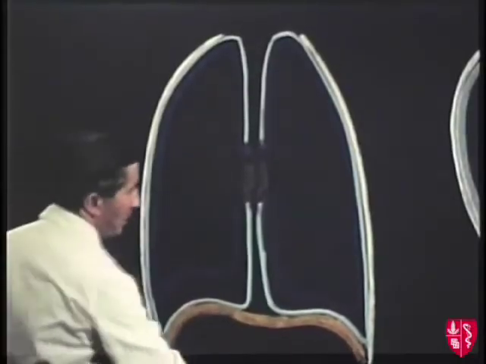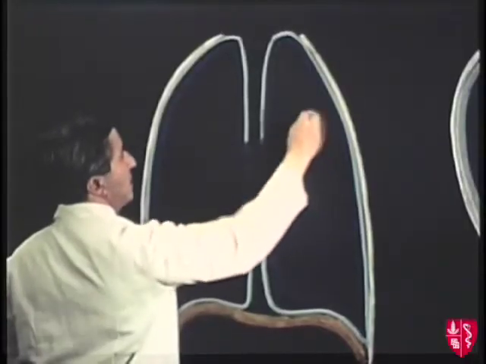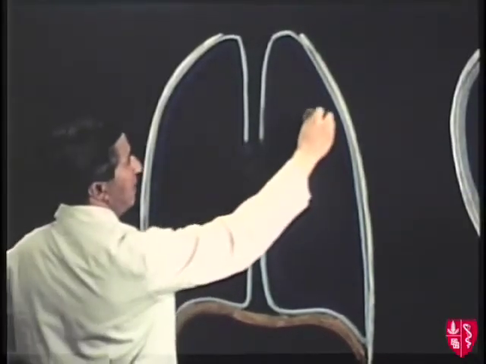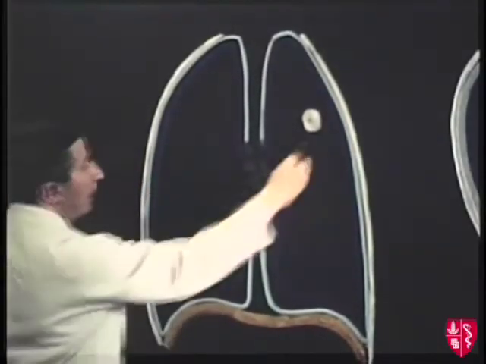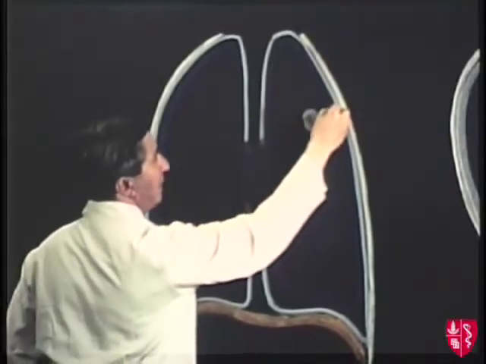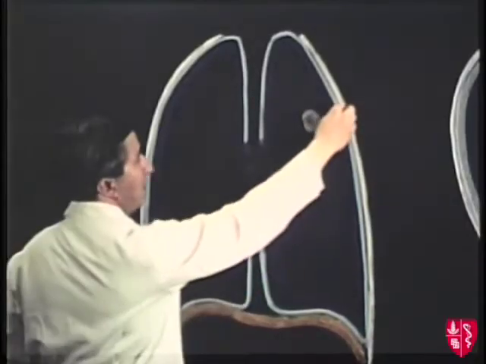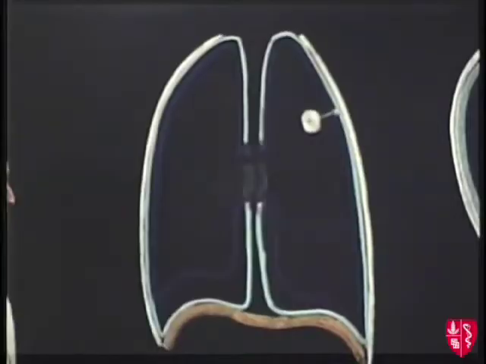Now, this is of considerable practical importance, because it means that if a patient has disease such as pneumonia in the lung, then the inflammatory process can involve the lung without causing very much disturbance in terms of pain. But once it crosses the pleural cavity and involves the parietal pleura, then the patient will immediately become aware of an acute pain over the area involved.